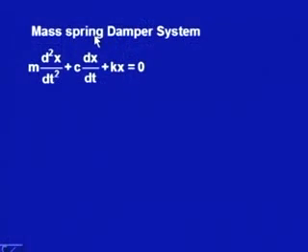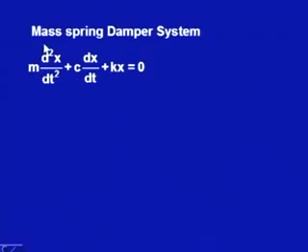So, we illustrate this for some simple physical problems. For this purpose, I start with the mass spring damper system. We have a simple system consisting of a mass m, which is attached to a spring with spring constant k, and a damper is present in the system, in which the damping is proportional to the velocity dx/dt, and c is the damping coefficient.